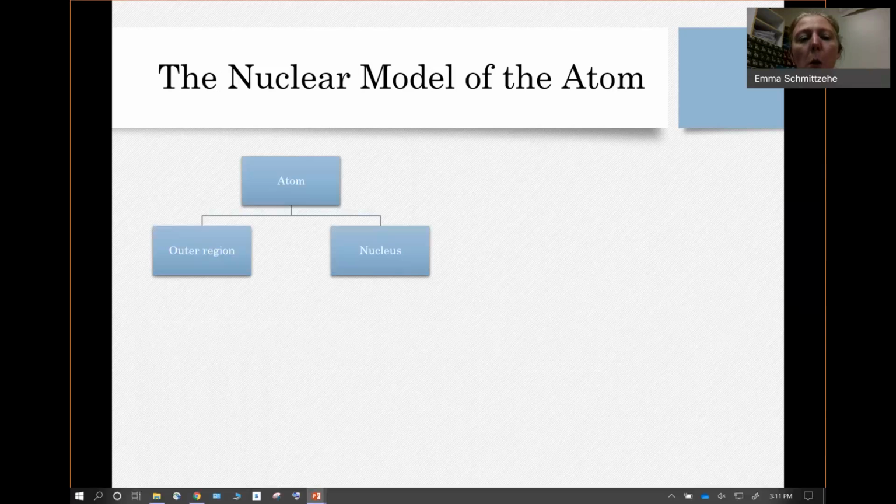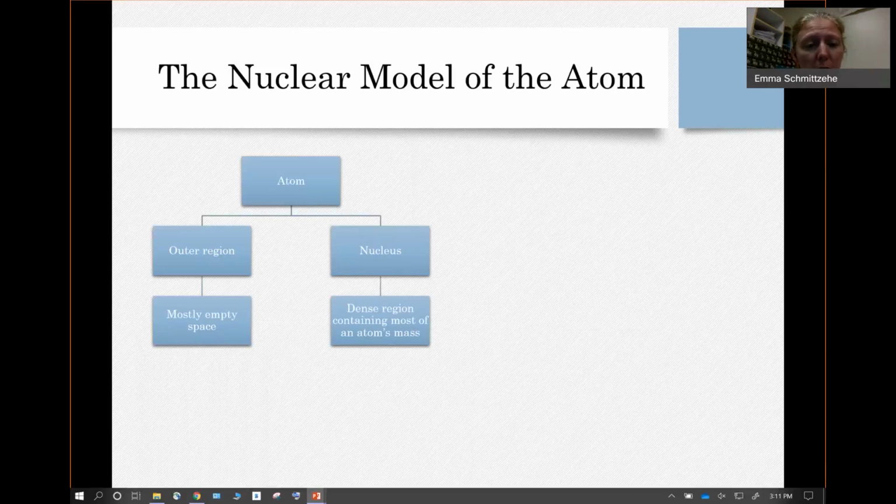For the nuclear model, you can think of an atom as having two regions. You have the outer region, and then you have the nucleus, which is the inside. The outer region is mostly empty space.